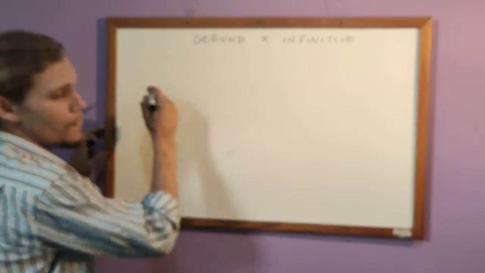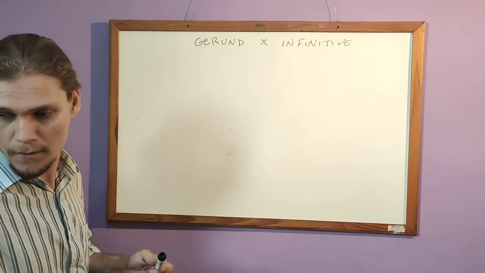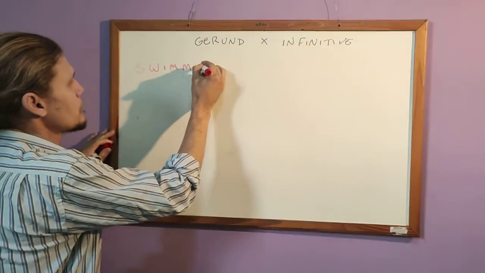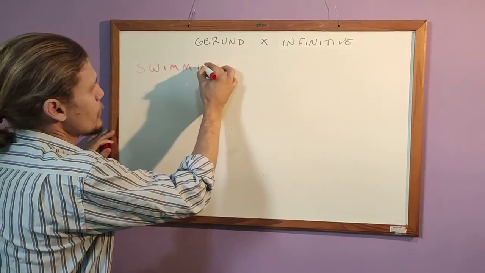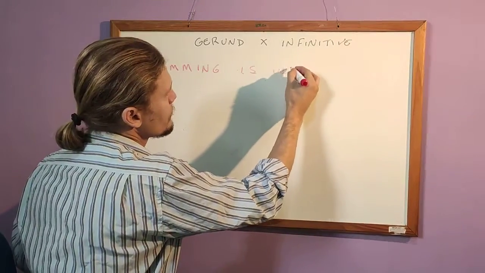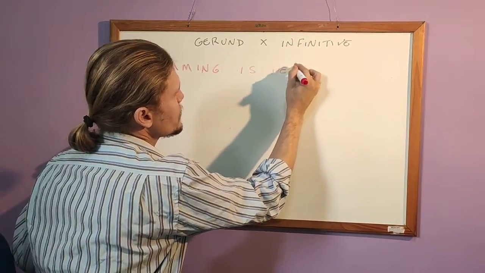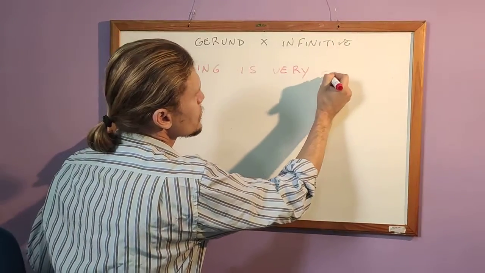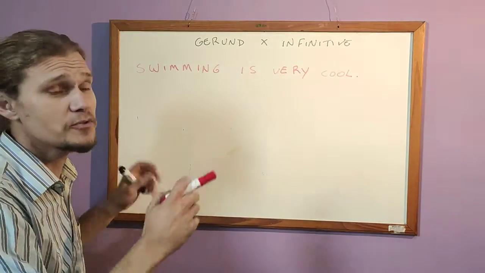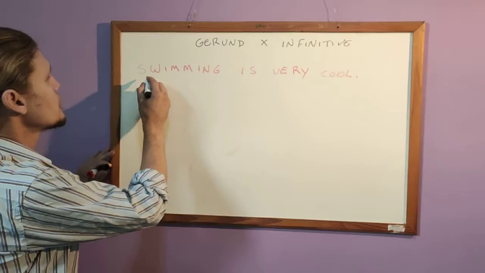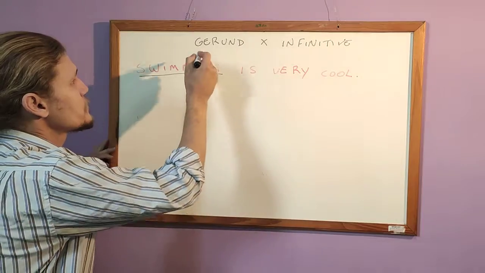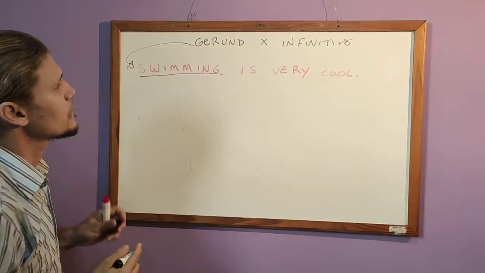For example, swimming is very cool. Okay, where's the gerund here? The gerund is the verb swim. Okay, you got it. This is gerund.